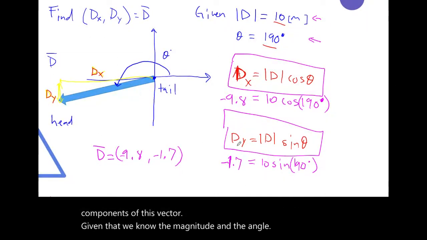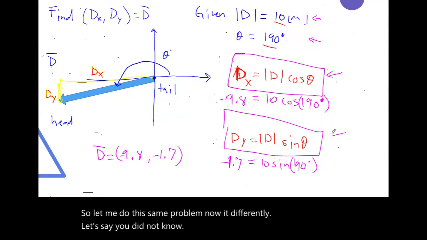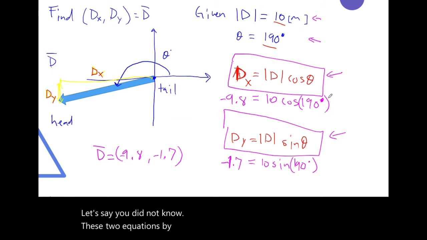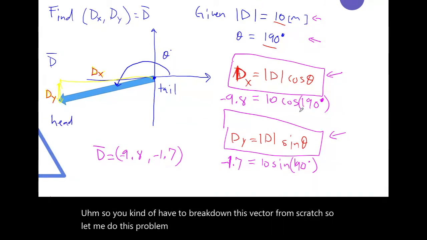So let me do this same problem now a different way, because let's say you did not know these two equations by heart. You just don't remember them. So you kind of have to break down this vector from scratch. So let me do this problem again, assuming that we don't know these two equations.